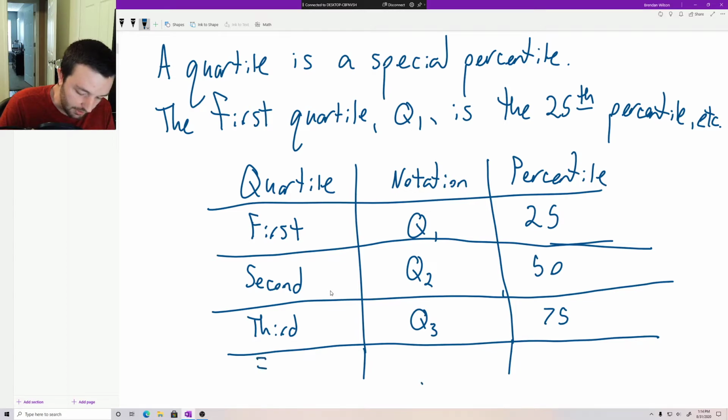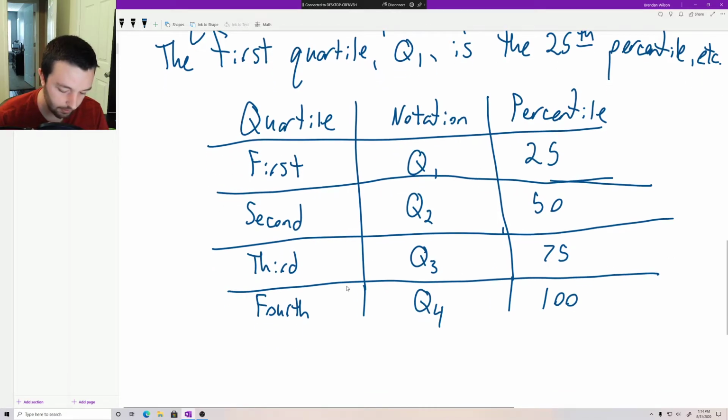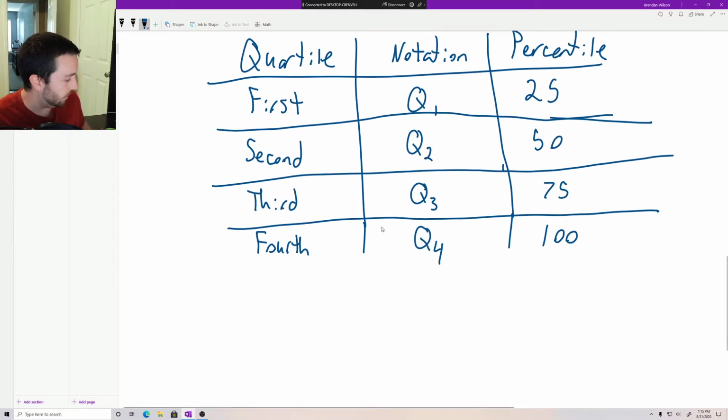And the fourth quartile is Q4, and it's the 100th percentile. So Q2 is one we typically would be interested in a lot because that says 50% of people did at or below this. And on the flip side, that means 50% of people did better than this. So it's like the halfway point in a way, right? We'll talk about it in a minute.